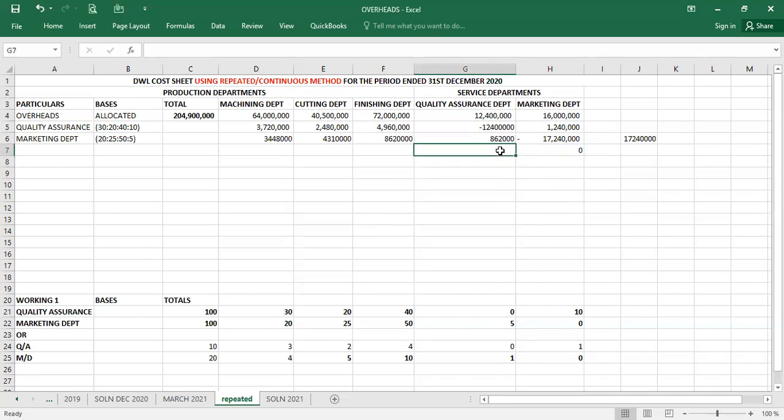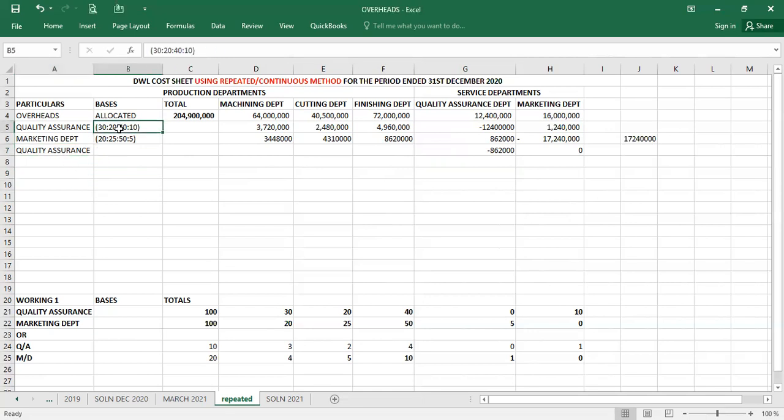We are now distributing 862,000. It's now the one we are distributing. We are distributing now the quality assurance.